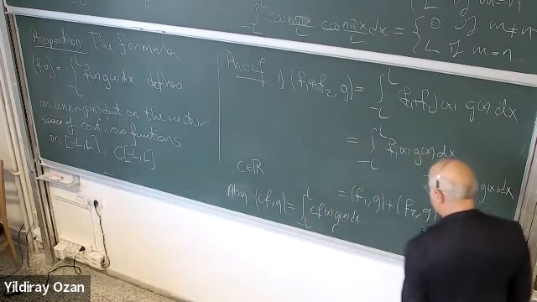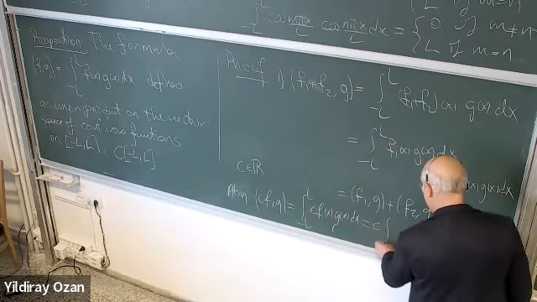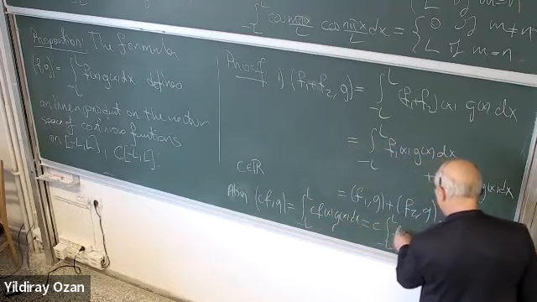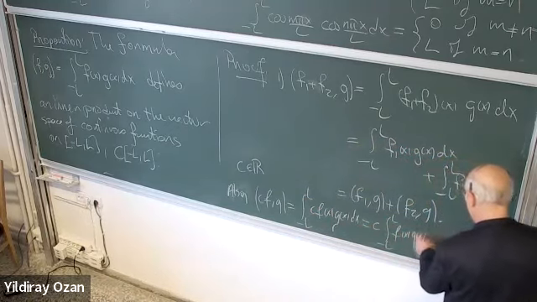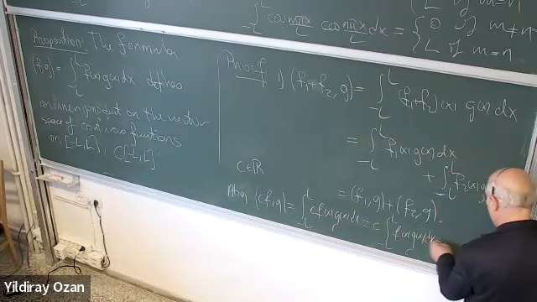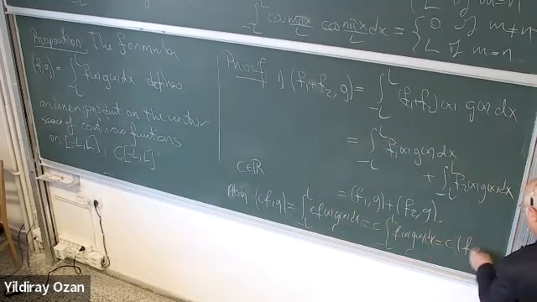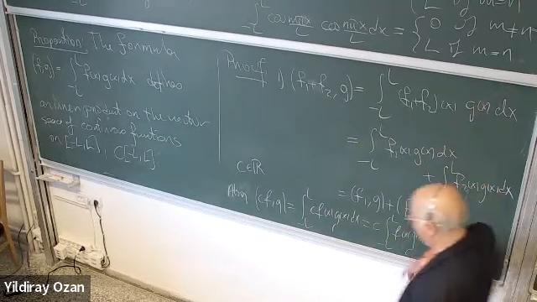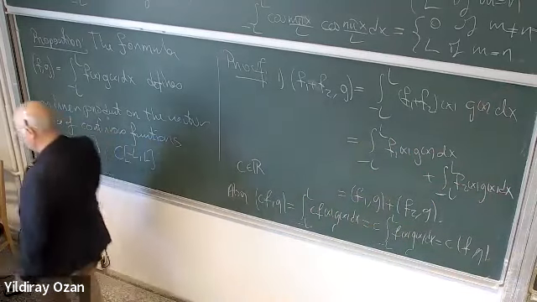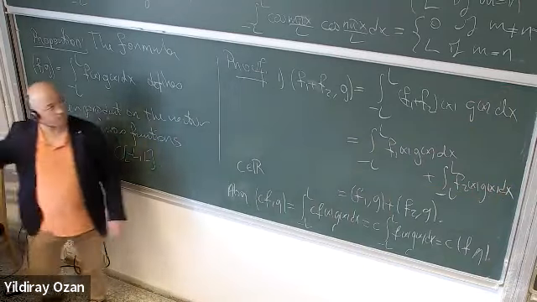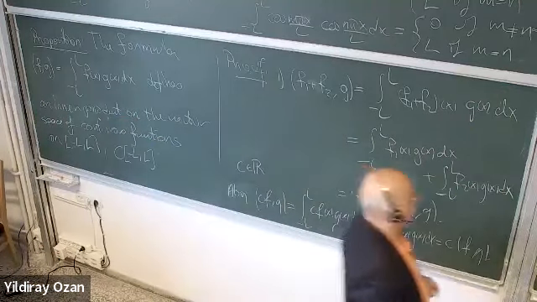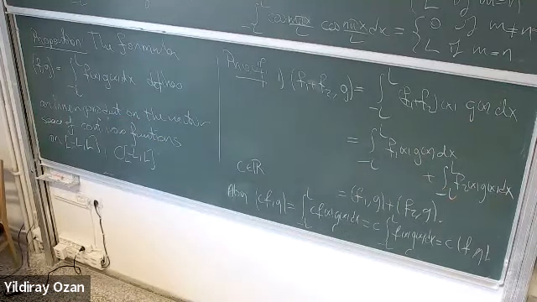But this c goes out, so this is c times (f, g). So it is linear with respect to the first component.